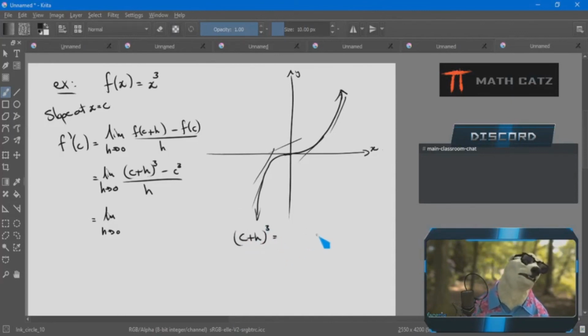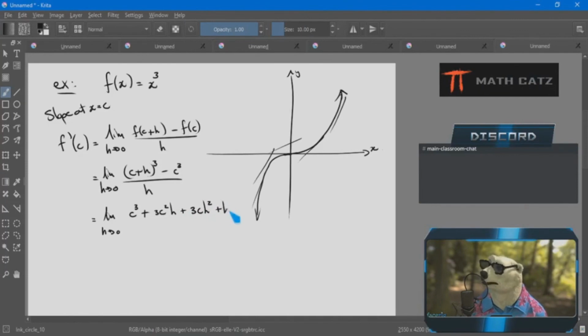Maybe you want to look it up. Maybe you want to multiply all the brackets and FOIL them out. When you FOIL them out and simplify them, you should get, actually I'm not going to do it in the line. There's no need to write it twice. You should get c cubed plus 3c squared h plus 3ch squared plus h cubed, and then I have this minus c cubed still there, all over h.